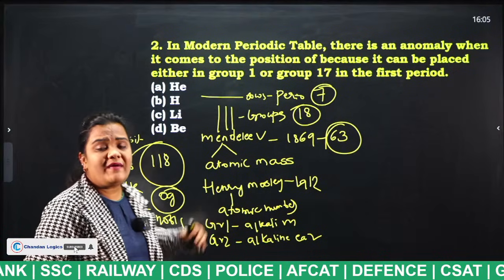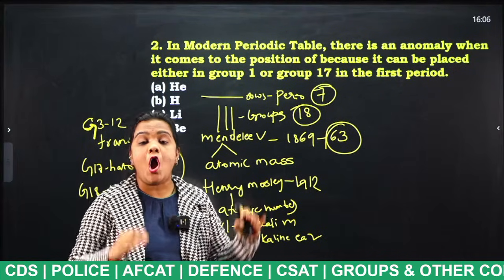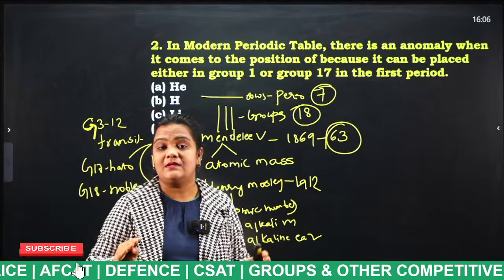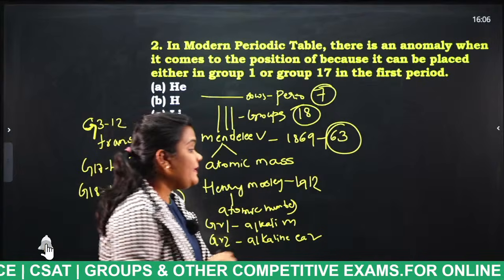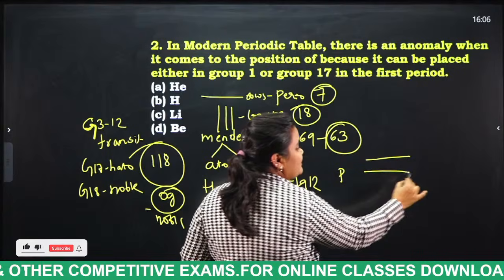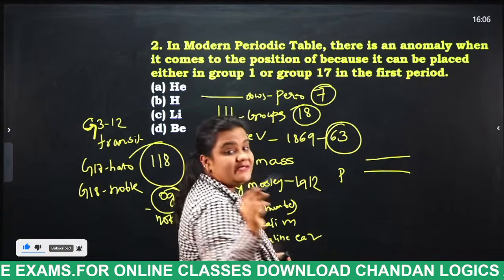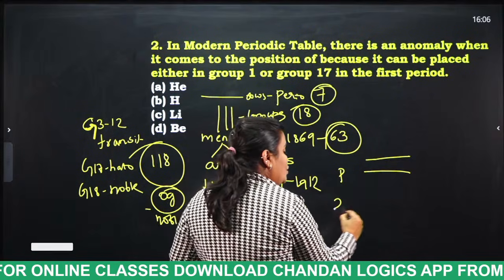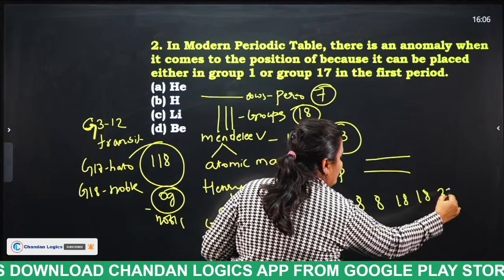Do you know one thing, students? We have a trick to remember how many elements are there in the 7 periods. The horizontal rows are known as periods, right? In period number 1, how many elements are there? There is a trick to remember this: 2, 8, 8, 18, 18, 32, 32.